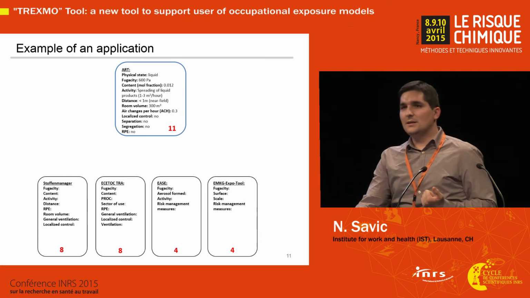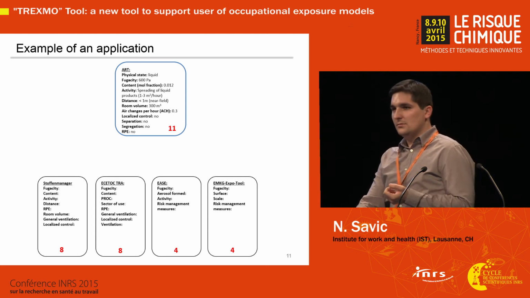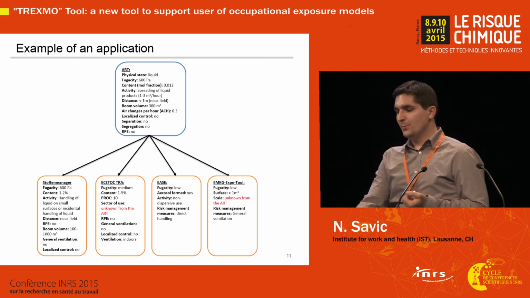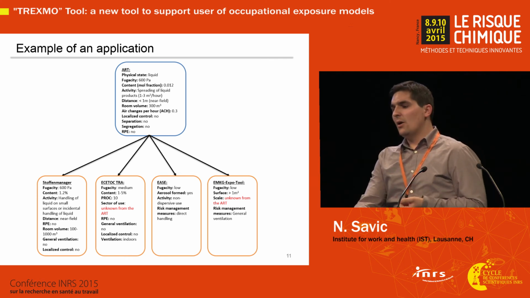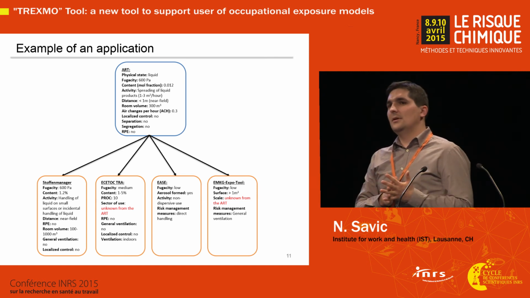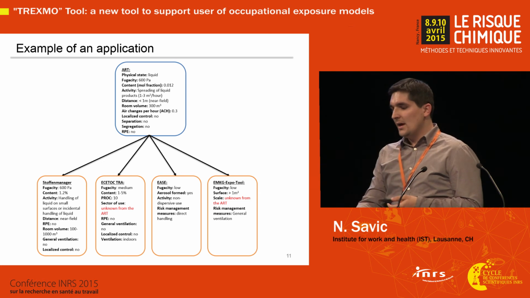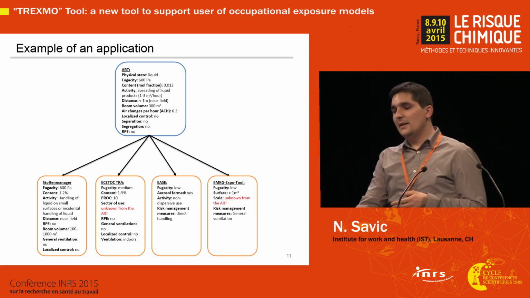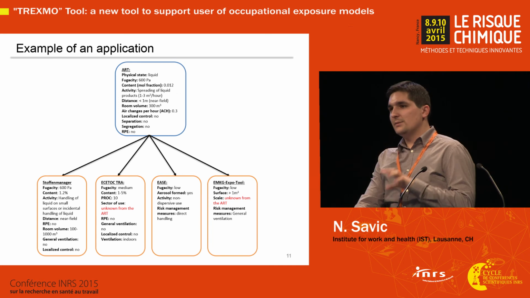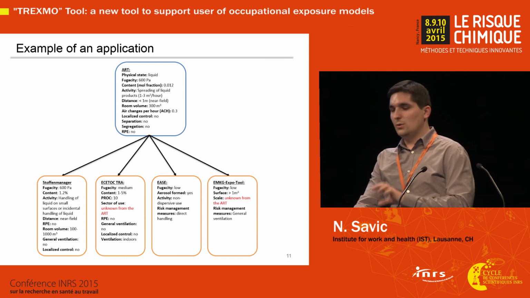But when this previously defined system is used and the user has this translation system predefined, then only by giving 11 exposure inputs in RT, he can obtain almost all the most appropriate exposure inputs to be used in these 4 other models.